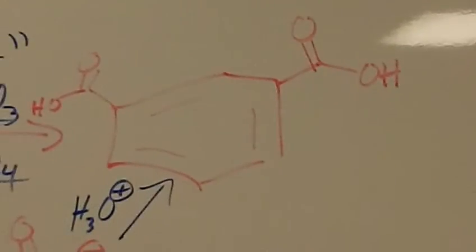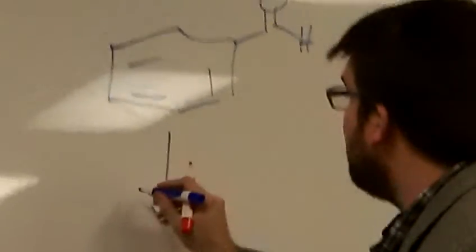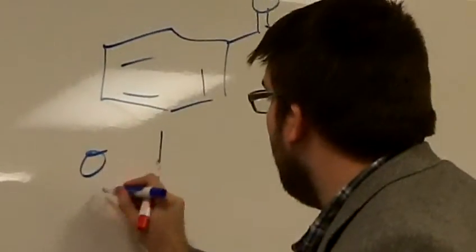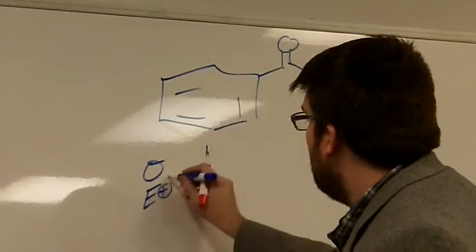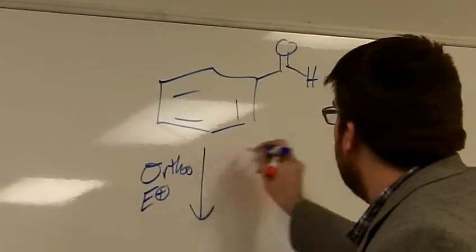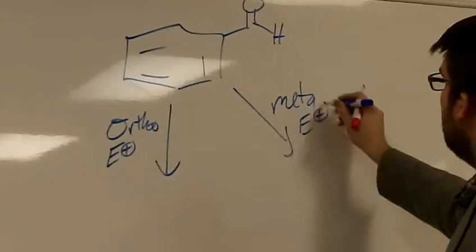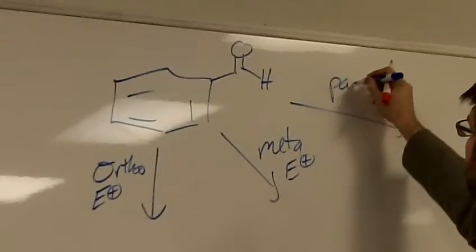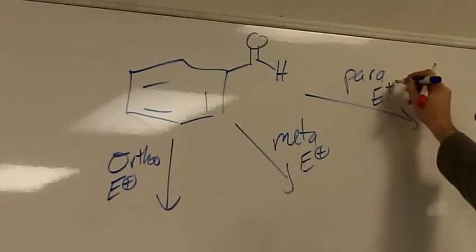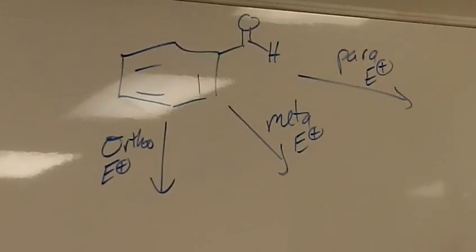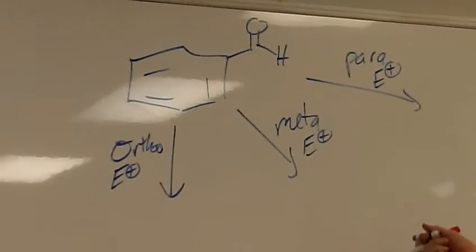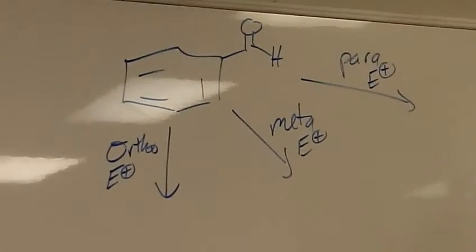What's this molecule called? Benzaldehyde. I want you to draw the electrophile adding ortho, have it add meta, and have it add para. That's for this half of the room. You guys are doing this one. Everybody else over there, you're doing that one. Ready, go.